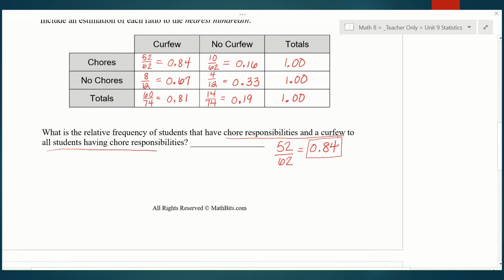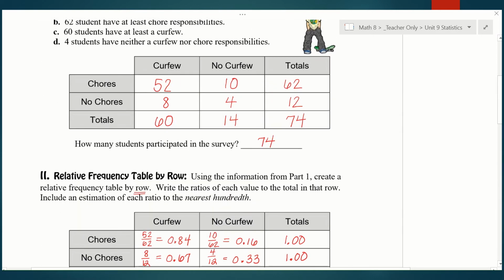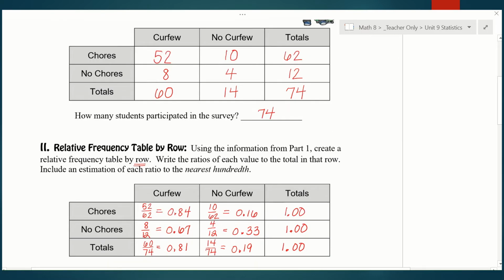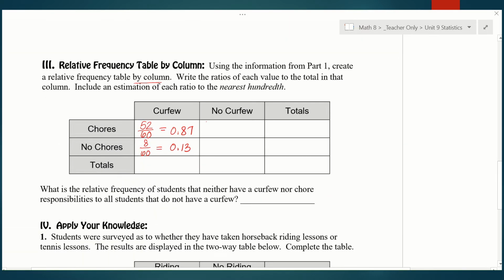If I go back to my table, that is 10 out of my column total, which is 14. So this is 10 out of 14, which is 0.71. And then how many had no curfew and no chores? That was 4 out of 14, which is 0.29.